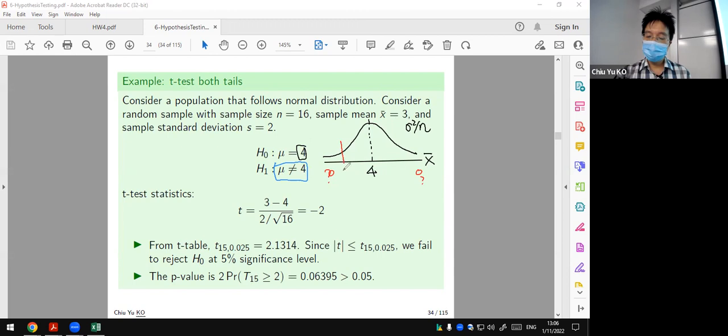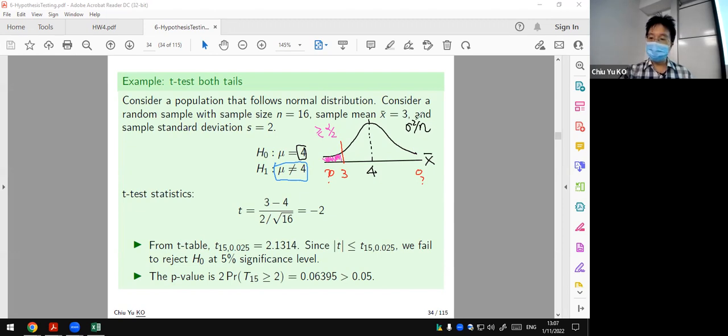The question is whether this area is greater or smaller than alpha over 2. It's not alpha, because it's two-sided. If the data falls either here or here, you'll reject, so that's why you just look at alpha over 2.